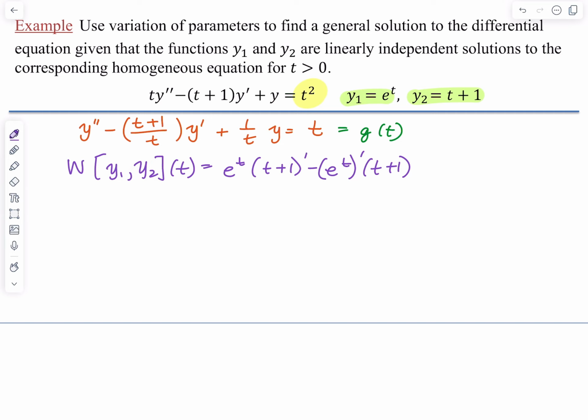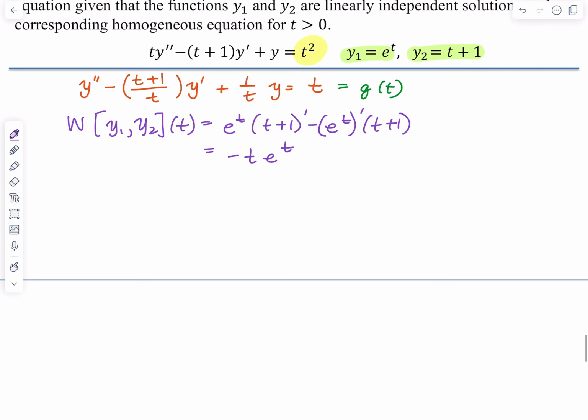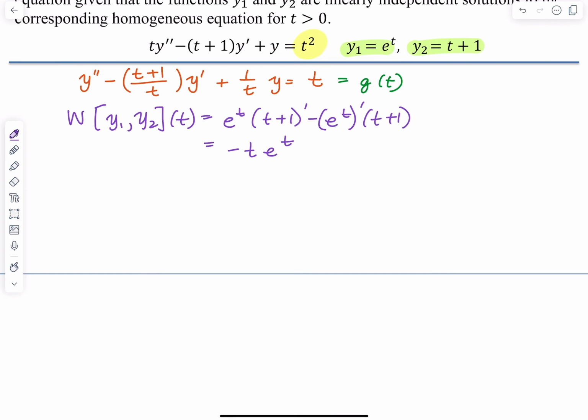And you can see that we have the Wronskian equal to the opposite of t, e to the t. Okay. And let me go ahead and work that out. So we would have e to the t minus e to the t multiplied by t plus 1.